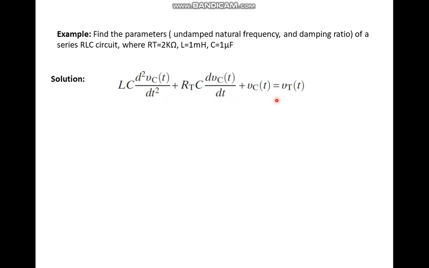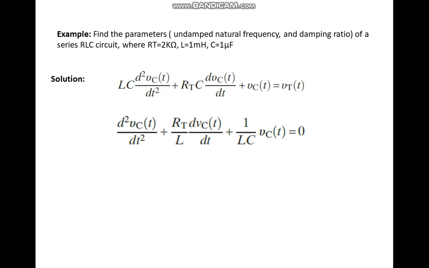In this equation, in order to find the natural response, that is the zero input response, we put V thevenin equal to 0. Then dividing both sides by LC, we get the second order differential equation in standard form, which can then be compared with this equation.